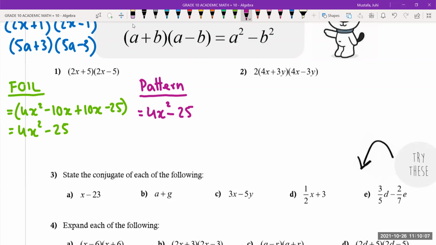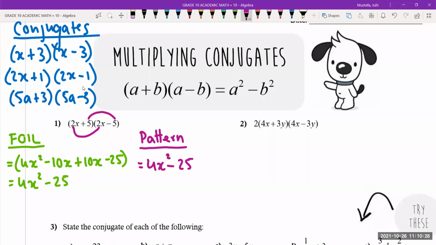Okay, last example. If it was 2 positives, it wouldn't be a conjugate anyways. For something to be a conjugate, it has to be a plus and a minus sign. Yeah. So either way, it's going to be a minus.